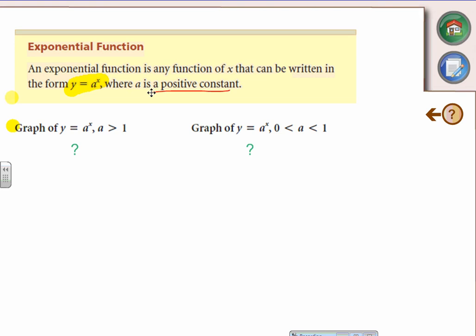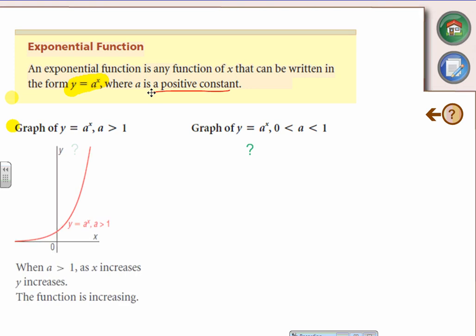So let's look at this first one. What happens if the a is greater than 1? Those are the first three examples: the 1.1, the 3, and the 10. Well, when we graph that, we notice here that it is increasing. If it's a greater than 1 number, it's increasing.